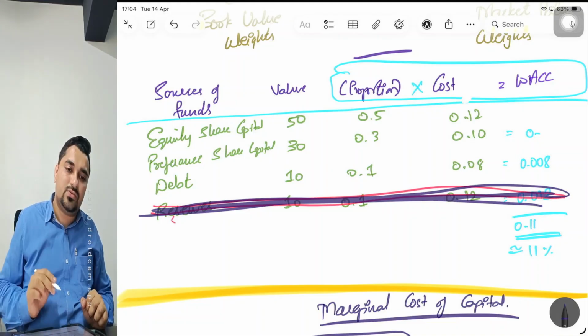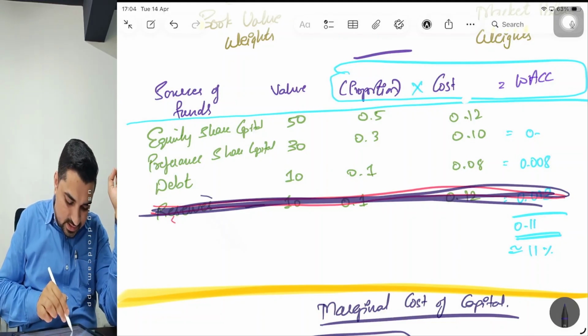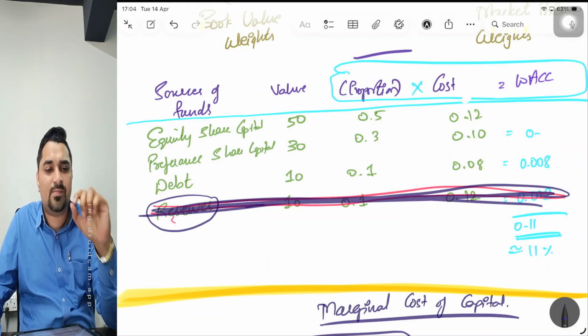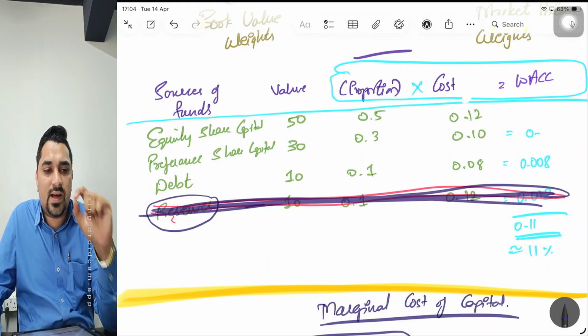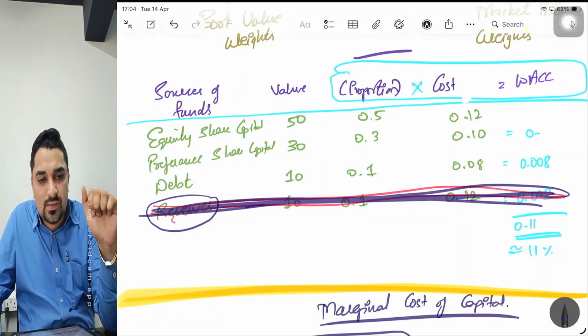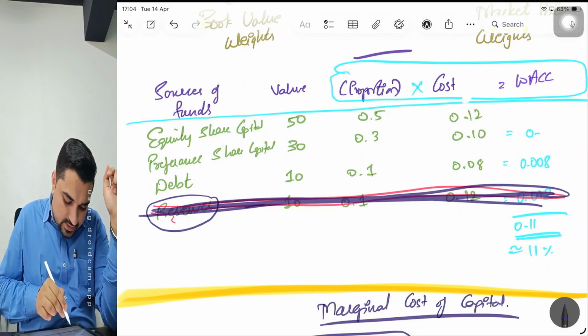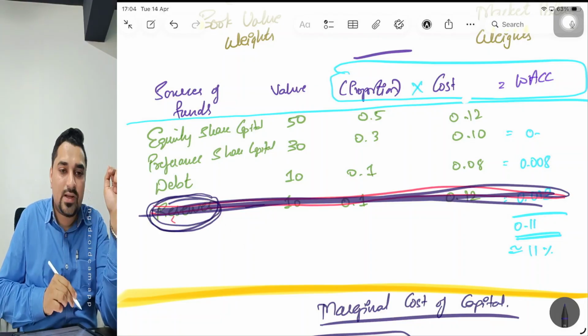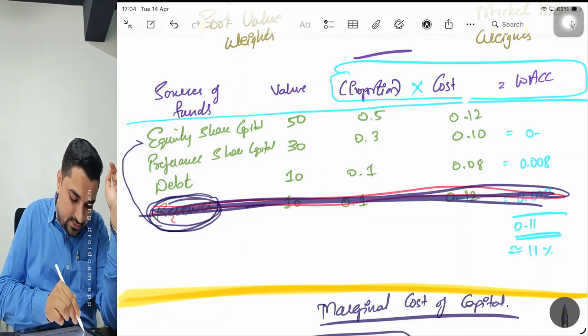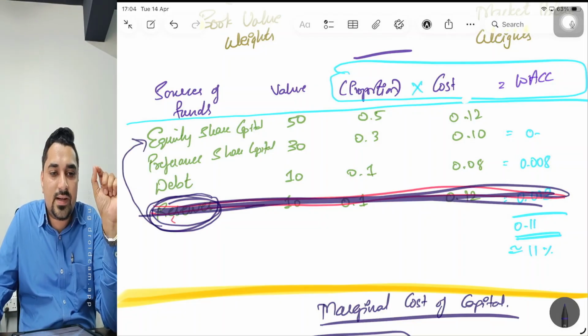Why? Because whatever value addition my reserves is creating, you tell me by common sense, the company which has higher reserves, the market price of equity shares of that particular company will be higher or lower? Obviously higher. So whatever is the value addition given by your reserves is already reflecting in where? It is already reflecting in the market price of equity shares.